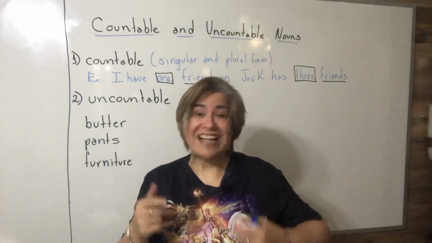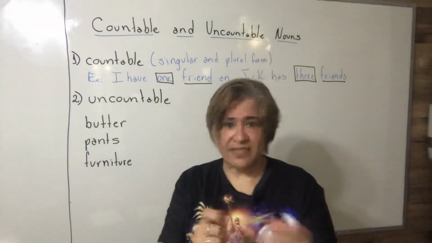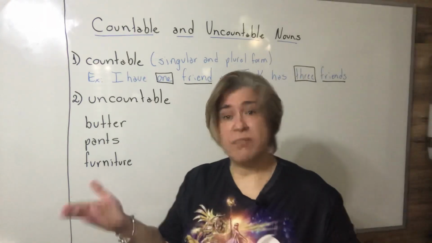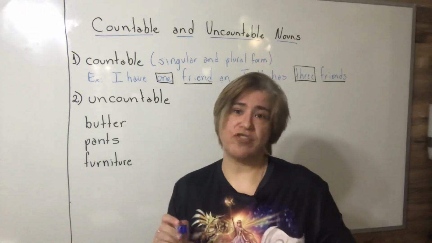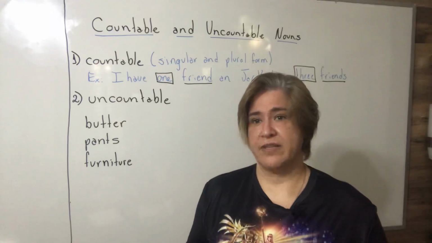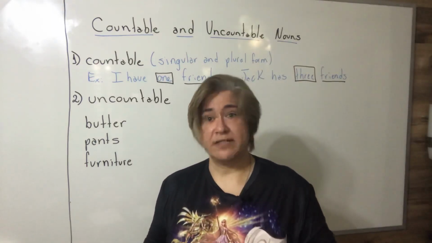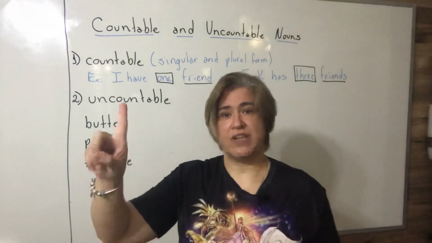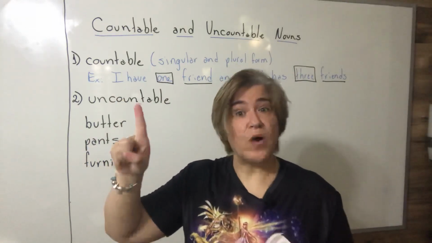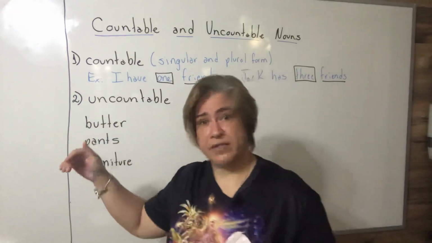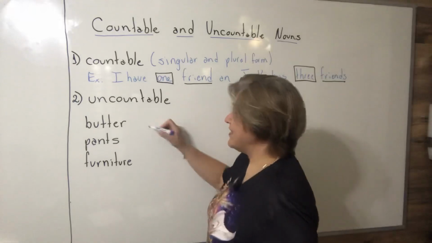So you are counting the objects, but not the butter. Okay, I want 500 grams of butter. So I have 500 grams of butter. But butter, you can say, look, Luciana, 1, 2, 3. No, you cannot say, look, Luciana, 1 pot, 2 pots of butter. That you can say. Okay, so butter is uncountable.